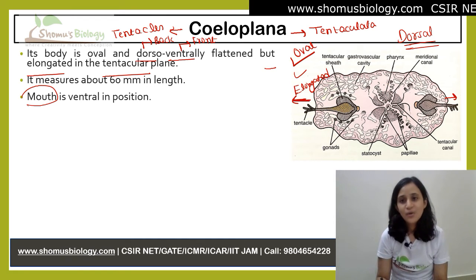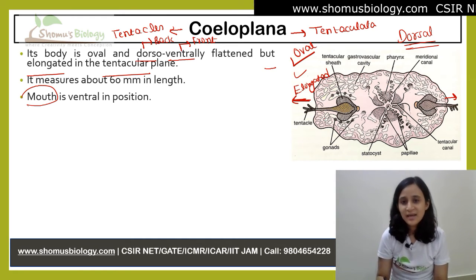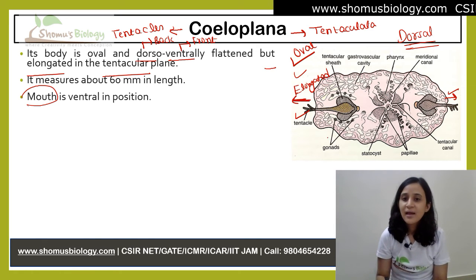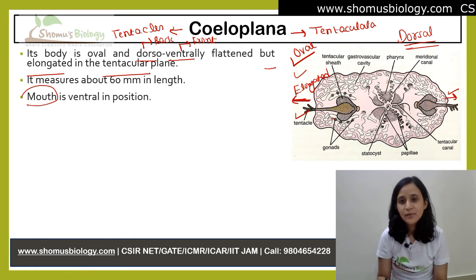So here it is the dorsal part, and here we can find two such large tentacles, and around those tentacles you will get some gonads. In the central part you will get the statocyst.